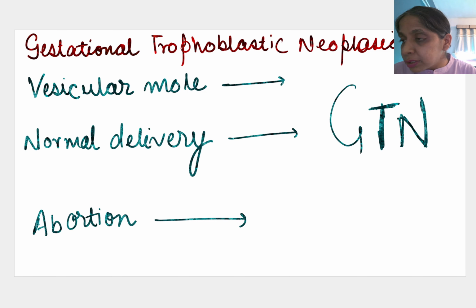The question was: which of the following is not classified as GTN? GTN means gestational trophoblastic neoplasia. In neoplasia, you marked partial mole. Why are you marking the partial mole?